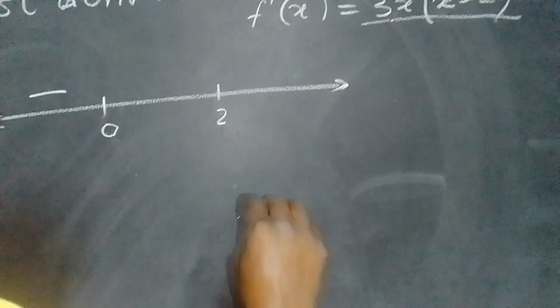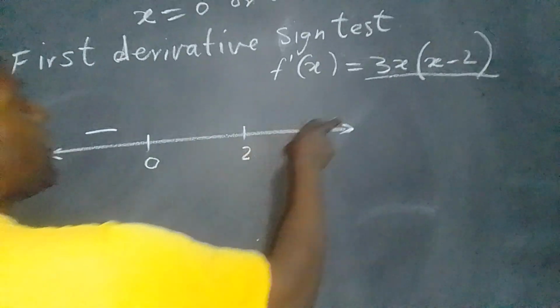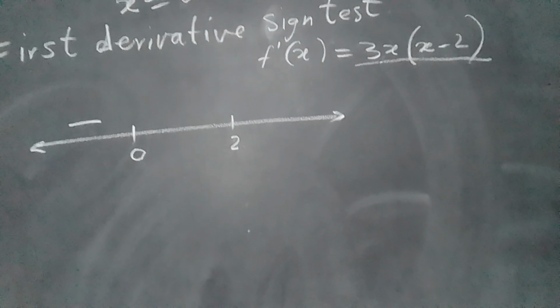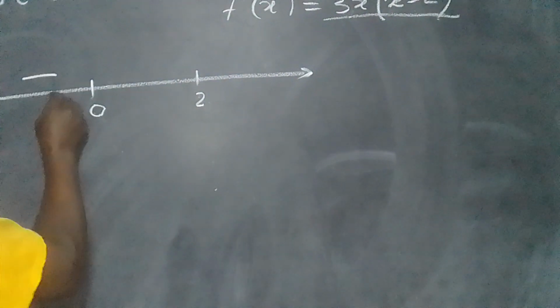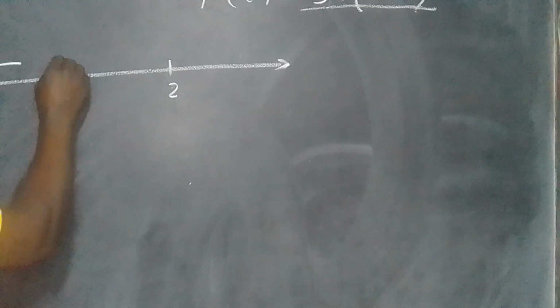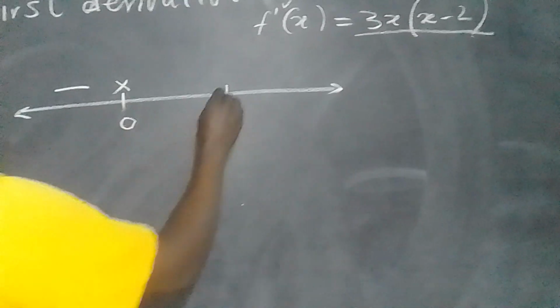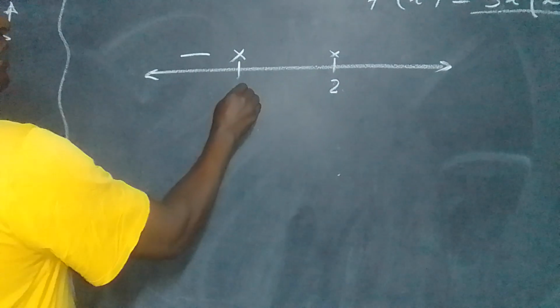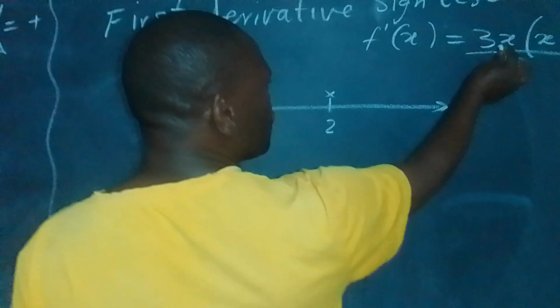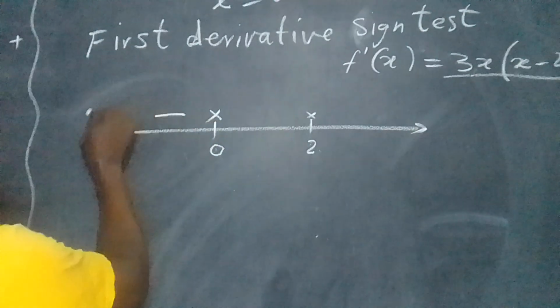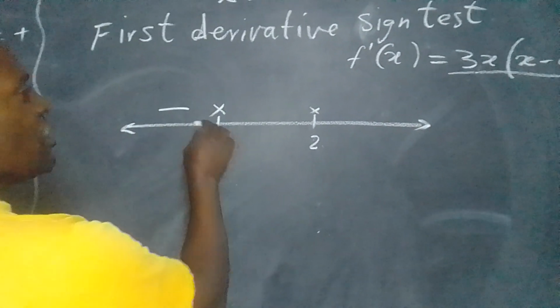Let me check the first one here. Our first one, if we put a negative we don't include this. So my apologies, I included 0 here. We don't include 0. You take any number before 0, which is -1.